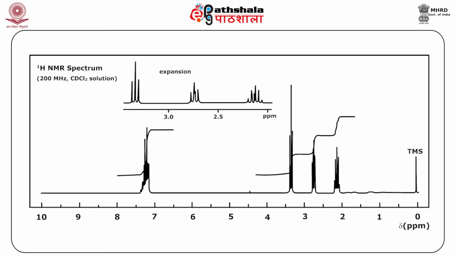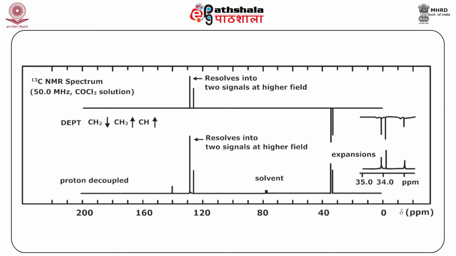Thus, the group should be CH2, CH2 and Br. A quintet at 2.2 ppm for 2 protons suggests the presence of a CH2, CH2, CH2 moiety, where these 2 protons are linked to the 2 protons on either side with different chemical shift values. Let's look into the carbon-13 NMR spectrum and the DEPT spectrum.